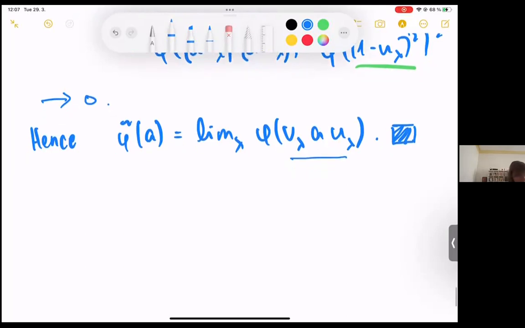So for any positive element A, this will always be smaller. For any positive element A, since this is hereditary, this will be in B, and of course we can always write things as the sum of positive elements.